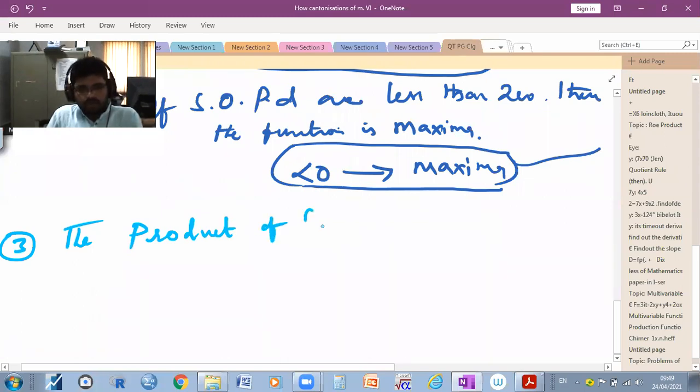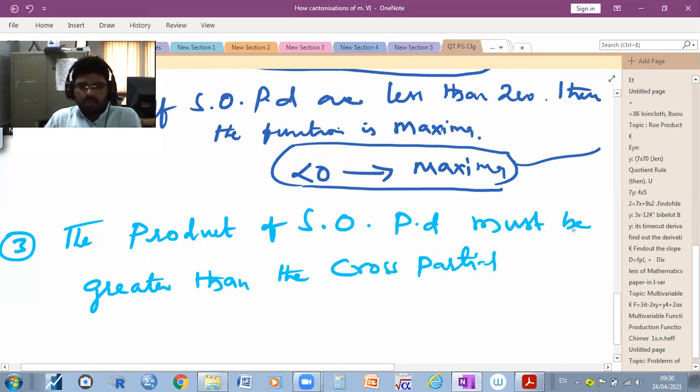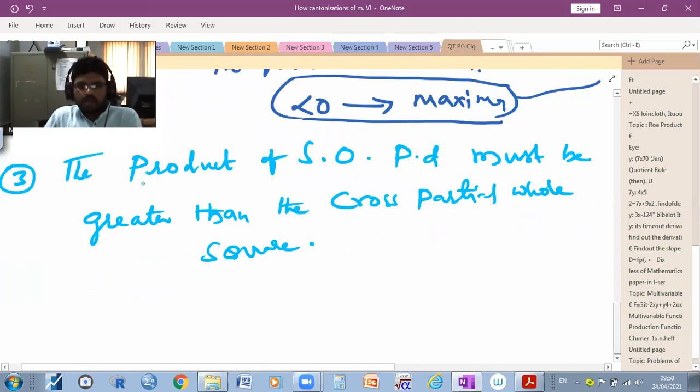Have you understood this point? Whatever the second order is there, see the values. So that must be greater than the cross partial whole square.